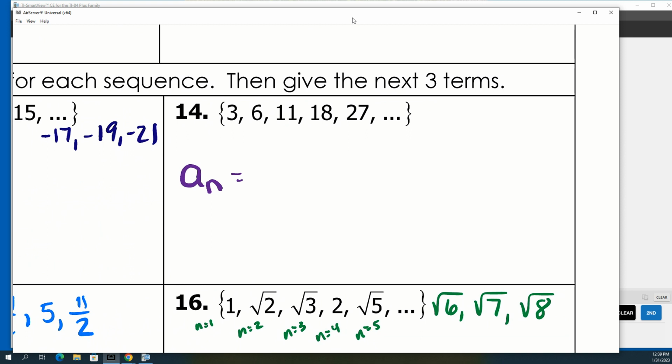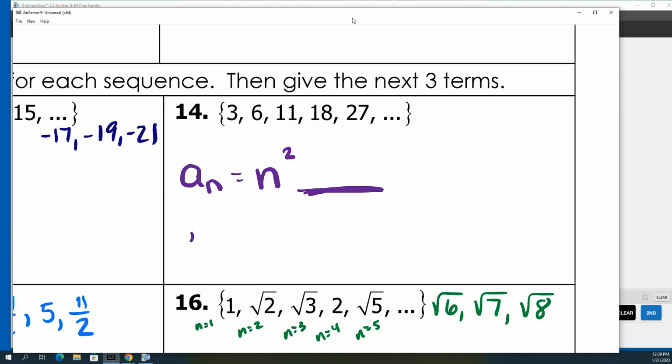So things that you can do is square, cube. You can do square roots. You can do fractions. This one obviously is not a fraction. So I'm going to give you a hint. It is going to be a square situation. But we are going to have to do something else also.